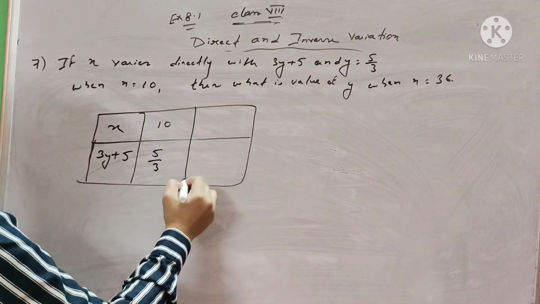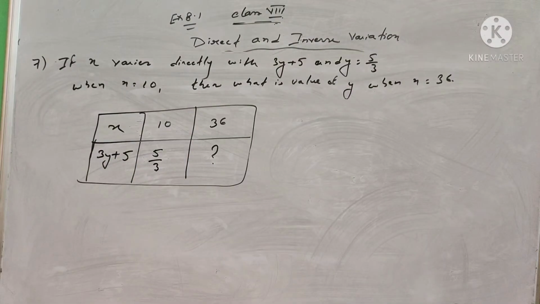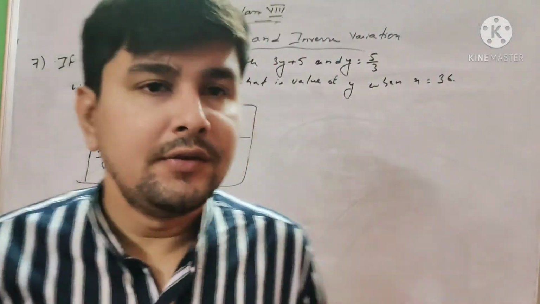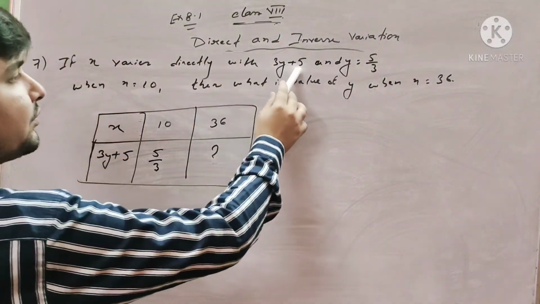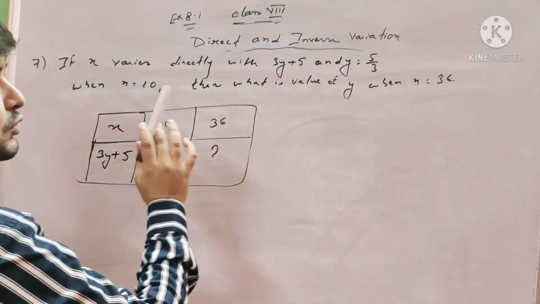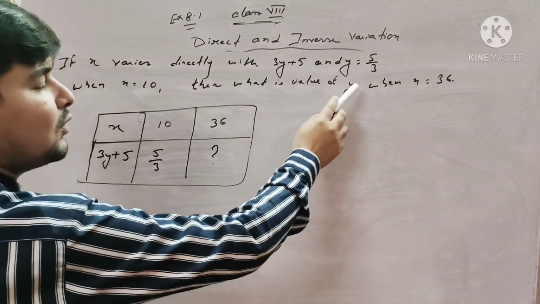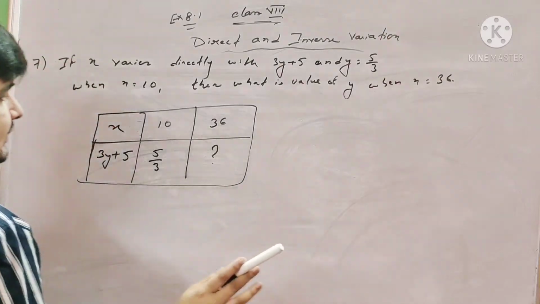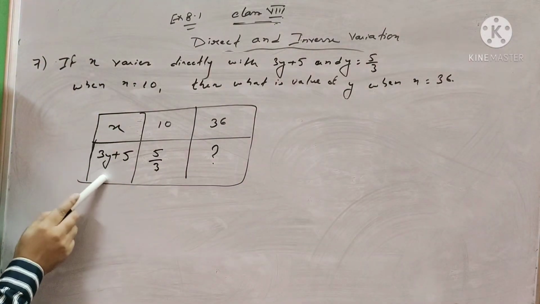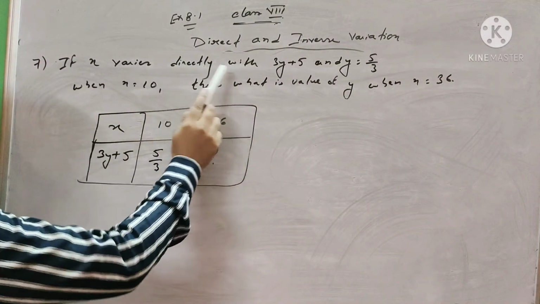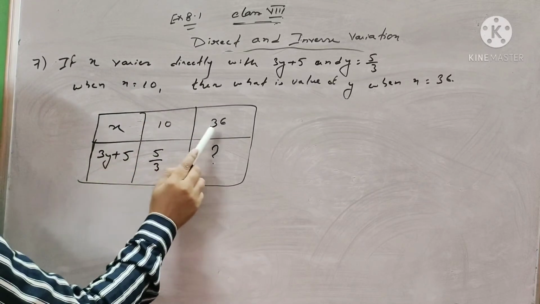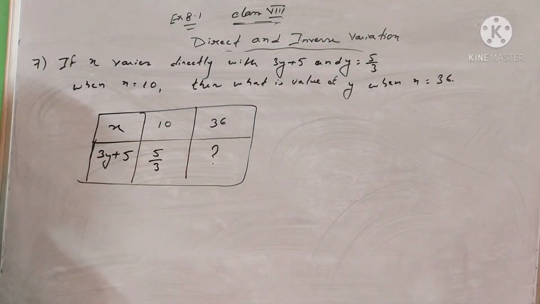Clear? So at that time, okay, question number 7. If x varies directly with 3y plus 5 and y equals 5 upon 3 when x equals 10, then what is the value of y when x equals 36? x and 3y plus 5 vary directly. Okay, so find the value of y when x equals 36.